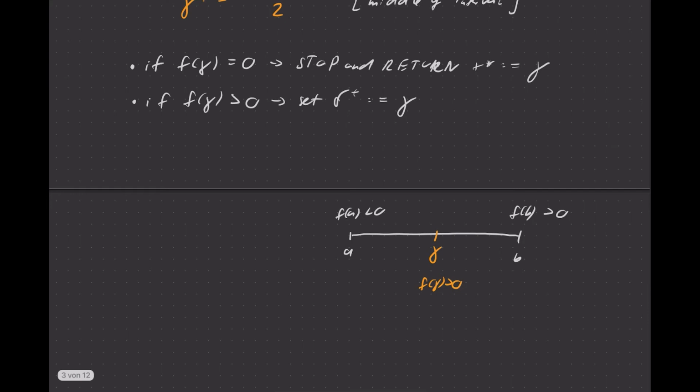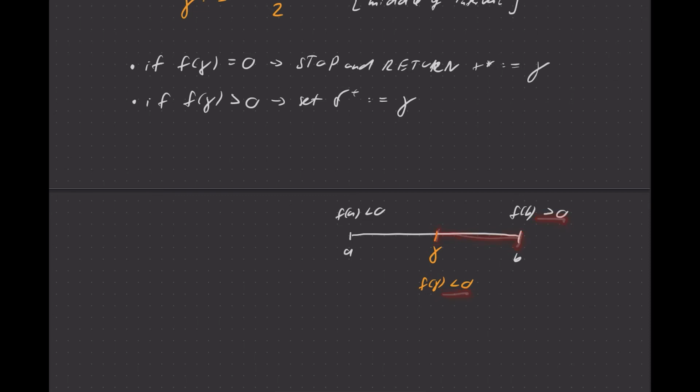What could also happen is maybe f of gamma is negative. So what if f of gamma is negative? Well, if it's negative, then we can be sure that there is a root in this part of the interval, because it's negative on the left and positive on the right.